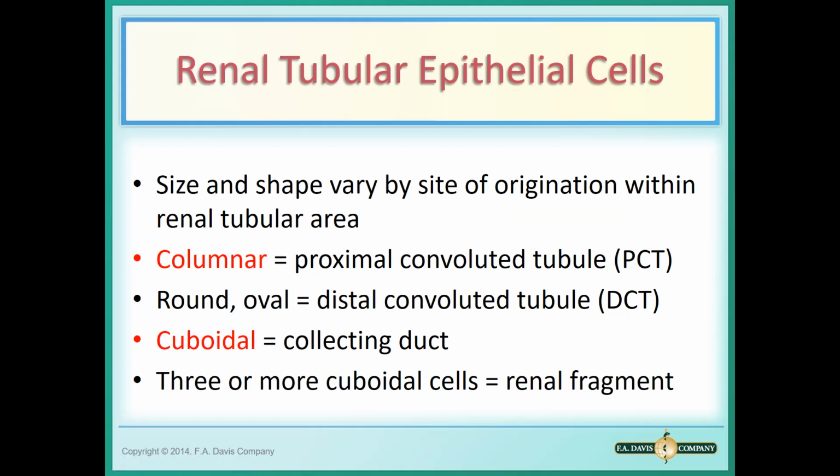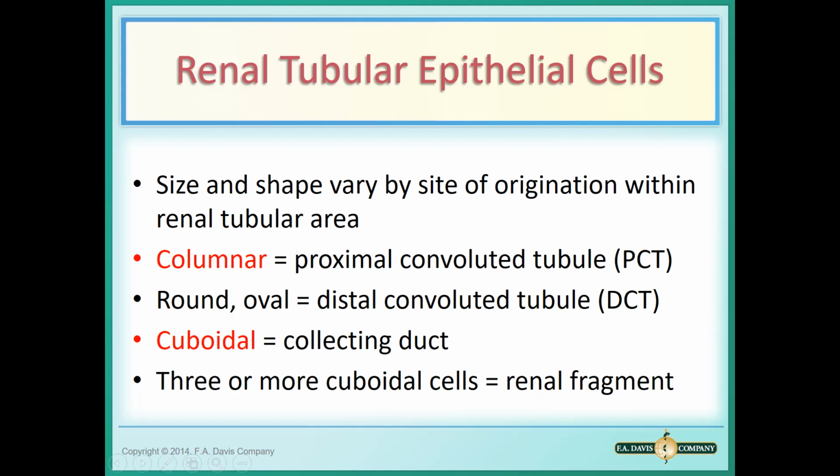Renal tubular epithelial cells, there's a couple of different sizes or shapes that we see with this, but renal tubular epithelial cells are always clinically significant. There's the columnar, which we're going to see a picture of in just a second, kind of rectangular shaped with a little bit of a rounded edge on both ends.